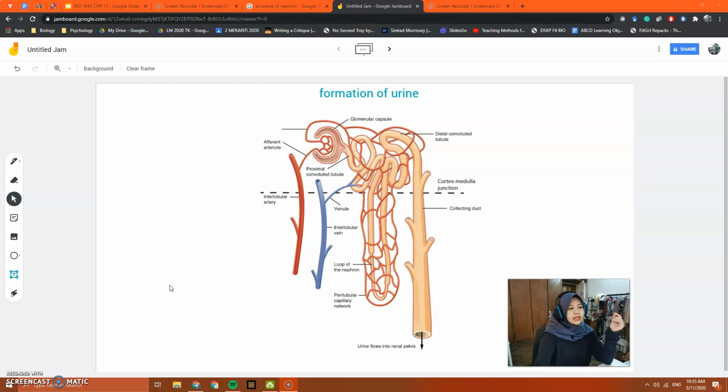So anyway, the process of making urine first begins in this tiny ball of yarn here, in the glomerular capsule.